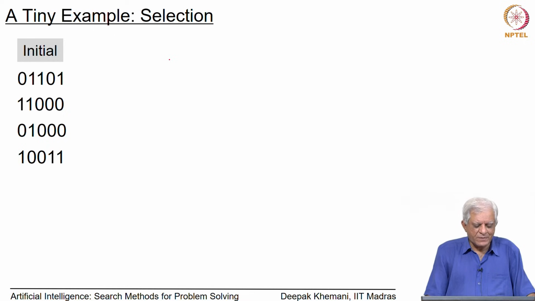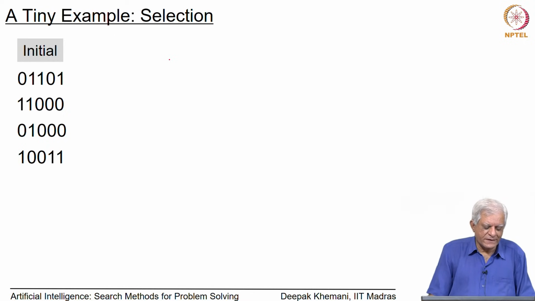So, this is the initial population that we start off with. You can see that there are 4 candidates shown in the 4 rows of this table that we are constructing. The first candidate is 0 1 1 0 1, the second one is 1 1 0 0 0 and so on.